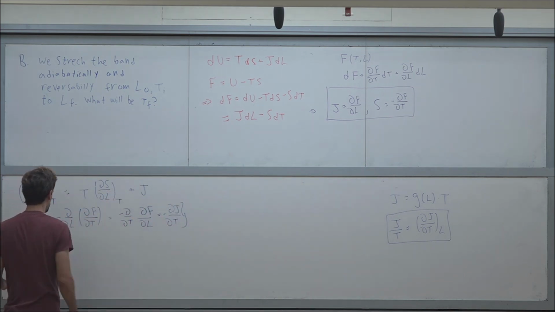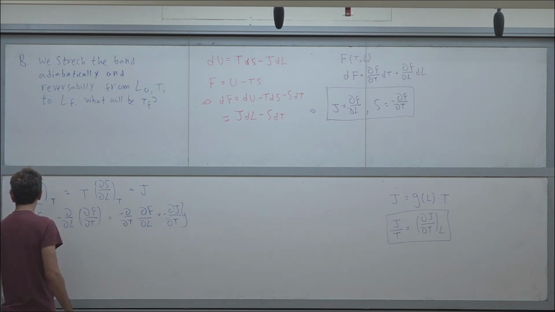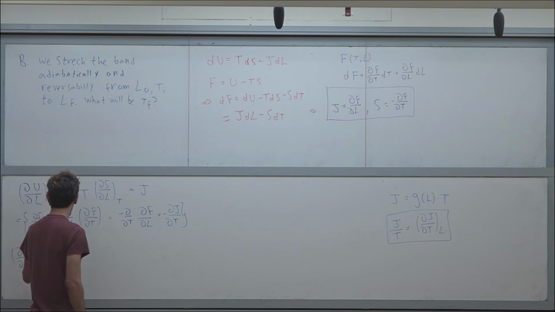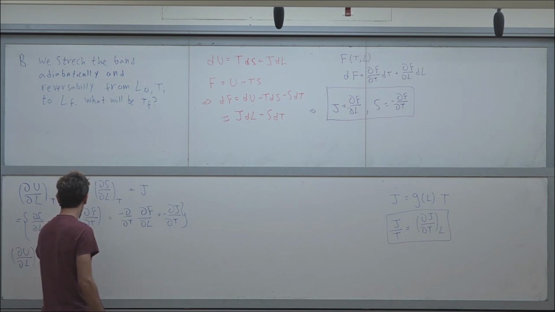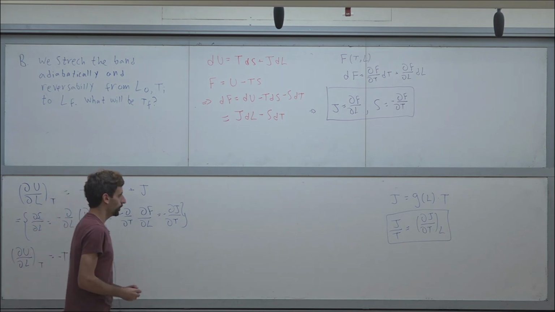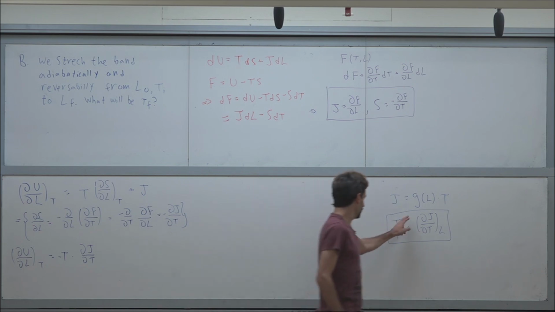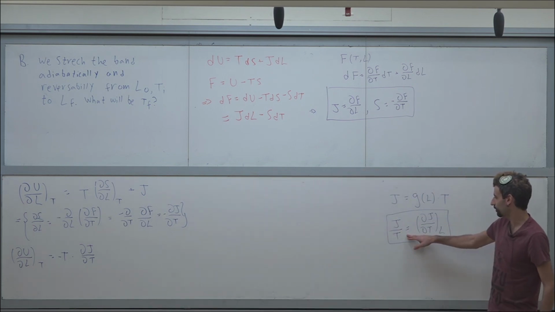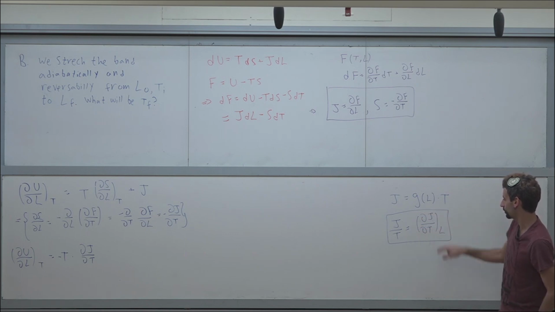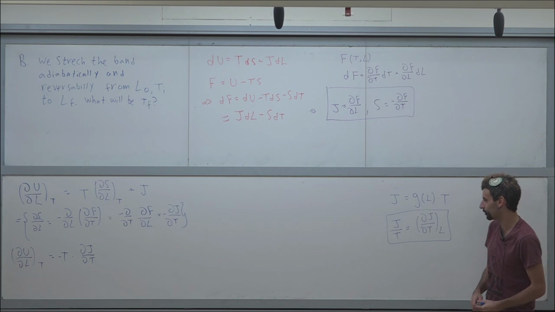Here, the ∂U over ∂L when T is constant is T times this, so it's minus T times ∂J over ∂T, plus J. But as you see here, I wrote it there because we now use it: J equals T times ∂J over ∂T.